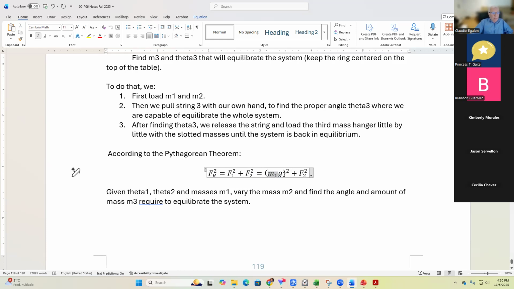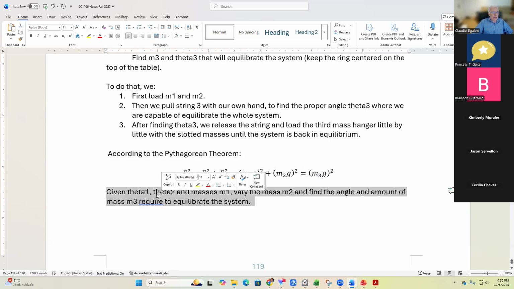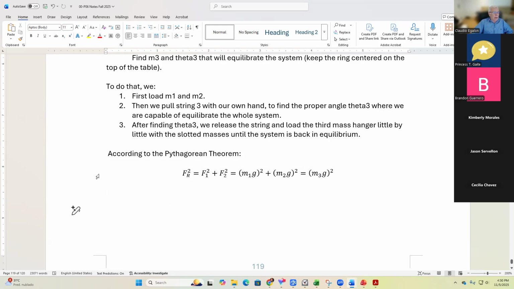And we get the same for force number 2, with just a different index, M2. And by the way, this resulting force is going to be my third mass, the one that's going to be hanging there in the opposite quadrant. That's going to be M3G squared. So that's the relationship that we have.